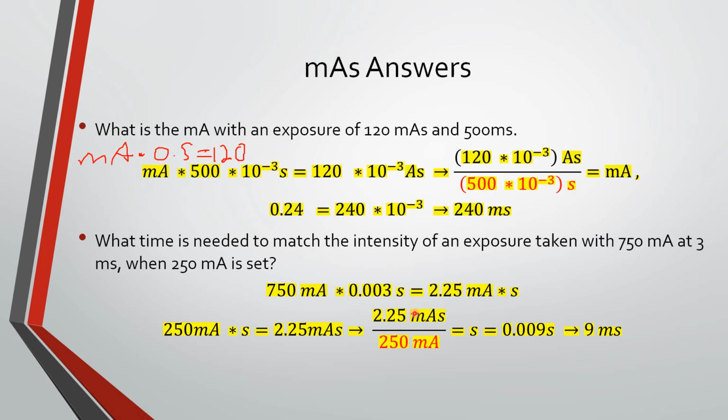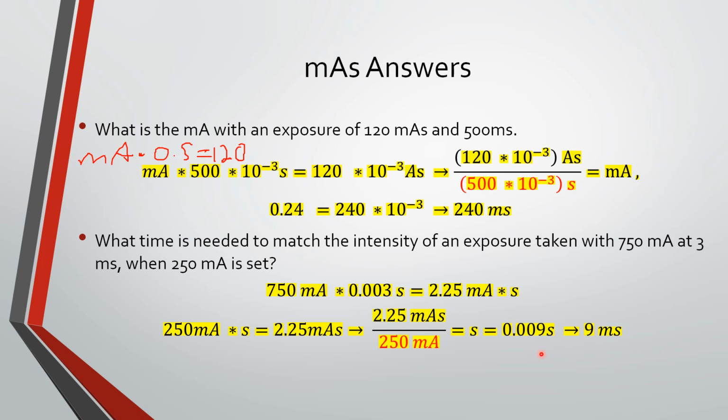As far as units go, the mA over mA will cross out, and we'll only have seconds left. This works out very well because we want to know the time. When we do this equation, we get 0.009 seconds, or 9 milliseconds.